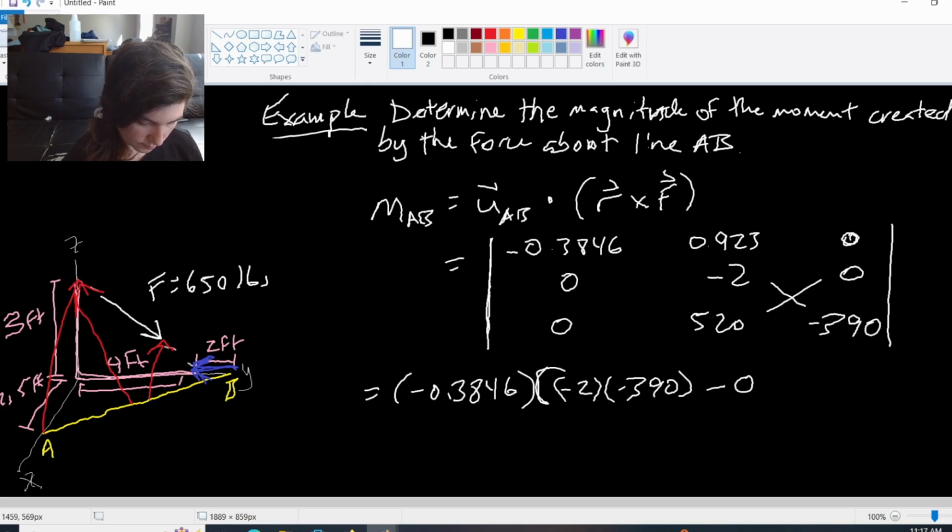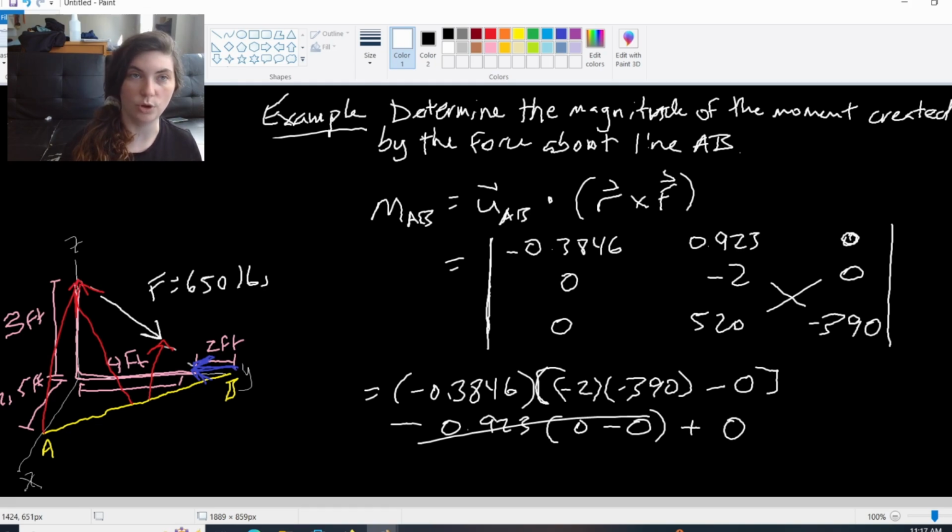That's 0. Minus our j hat component, so minus 0.923 times 0 times -390 is 0, minus 0 times 0 is 0. So this component will go to 0. And then plus our k hat component here was 0, so everything in that term will go to 0 as well.